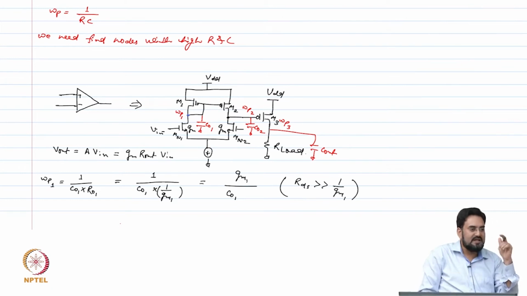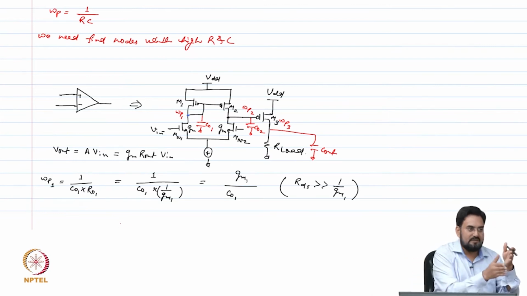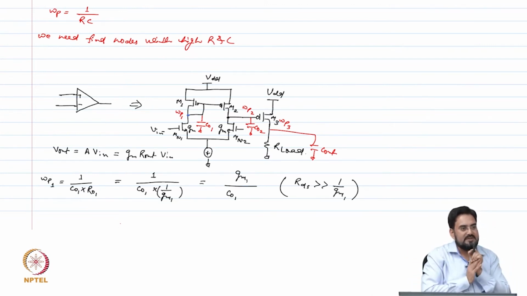Even if you choose 100K, 50K each, they are in series, and it is 1.5 volt. So that is 15 microamp current. Now at 15 microamp you have to determine what the R out will be. R out will be very large here. So even with 10 picofarad, you might see your pole fall within your UGB and you may have to compensate at light load.